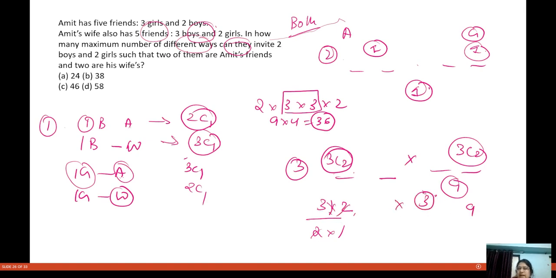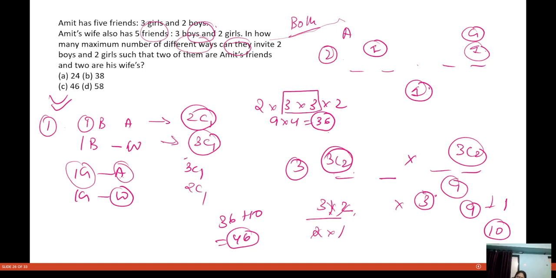So 3 into 3 is 9. You have one more condition, you have 10, and you have this 36. So 36 plus 10 is how much? 46. Okay, 46. So I hope now you are clear with how you are making these combinations. Okay, so this is how we do these questions.